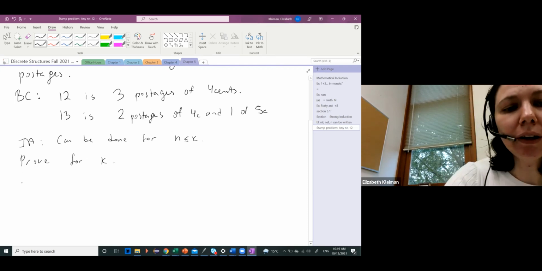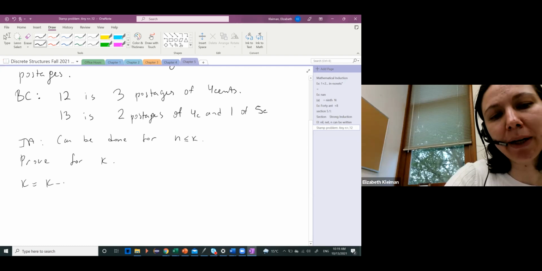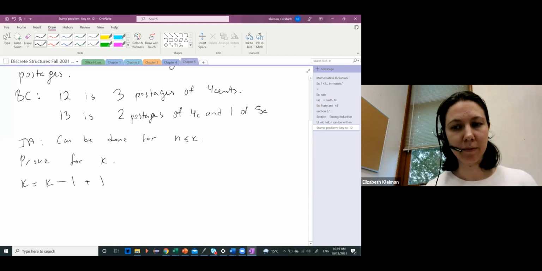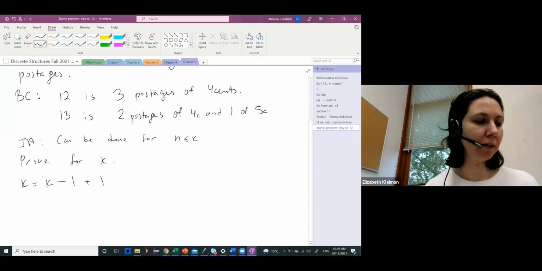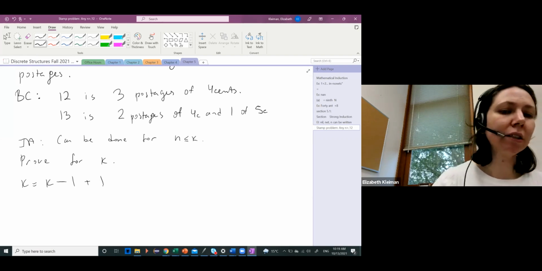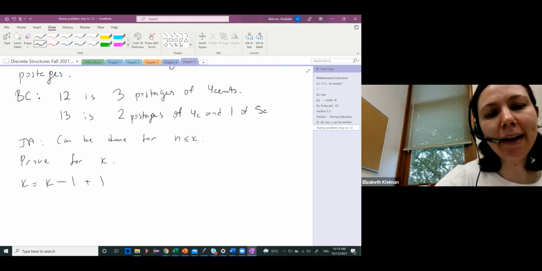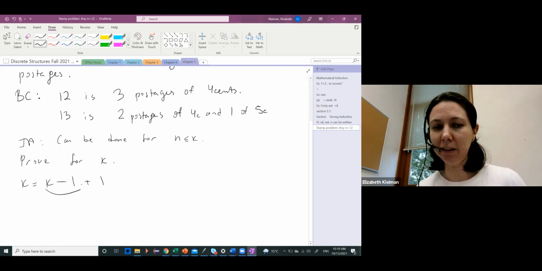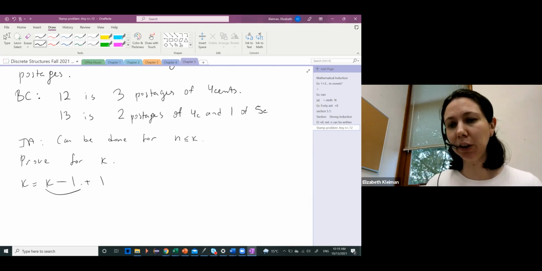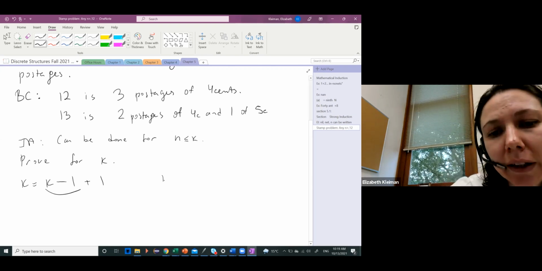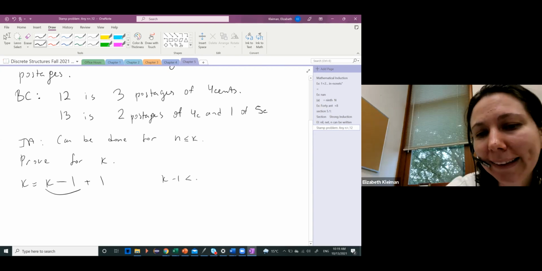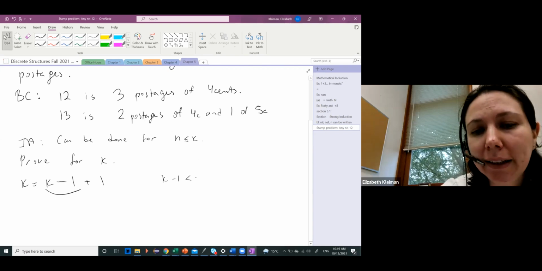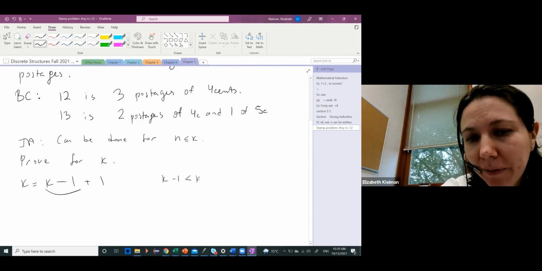Now, k is equal to k minus 1 plus 1. Agreed? Yes? So now this number can be done using postages, correct? So k minus 1 is actually less than k. Agreed?